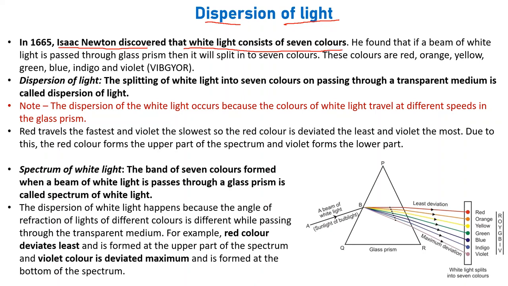He allowed a beam of white light to pass through a hole or a slit, and this white light gets incident on the surface PQ of the prism. Let's take PQ as the first face of the prism, and this is my F2, the second face of the prism, right?